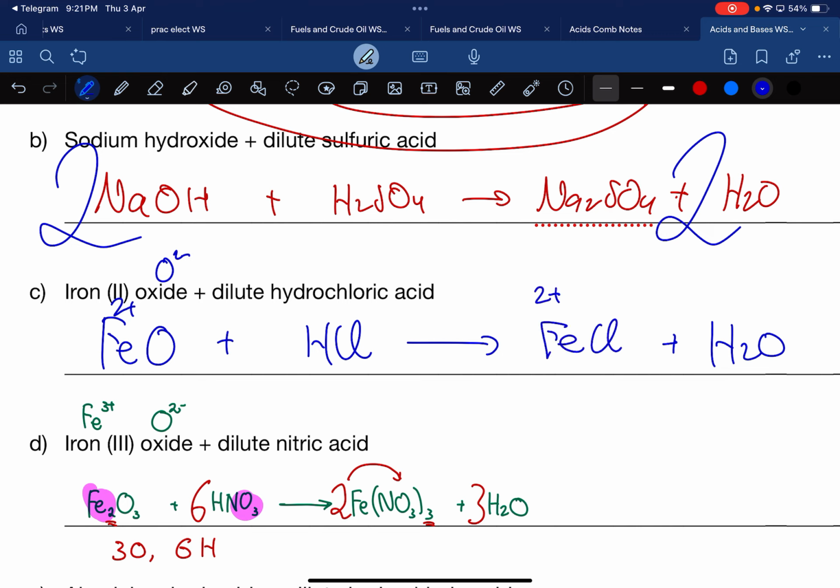This one has 2 plus, this one has 1 minus. Good. And then we balance this by putting a big fat 2 over there. That's all. Are we okay?